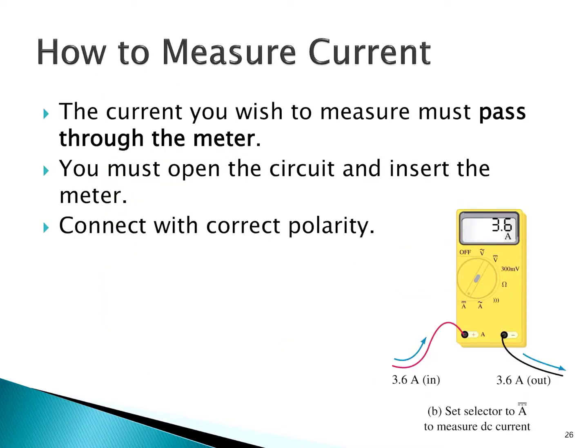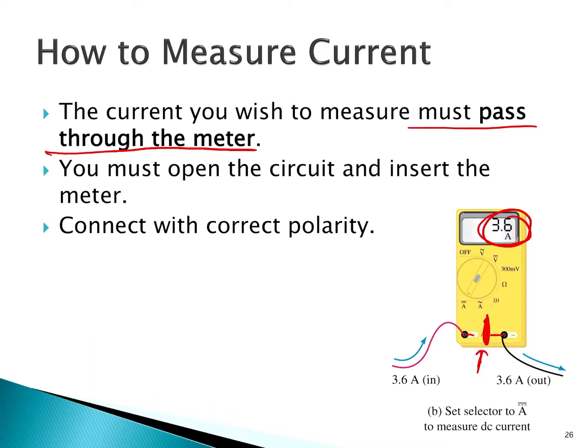How to measure current. The current you wish to measure must pass through the meter. Remember we talked about current being a single point measurement. This is the way we make the ammeter a single point. When the current flows through the meter, the volume of electrons that passes that point per unit time is evaluated and displayed as a value in amps, or coulombs per second.